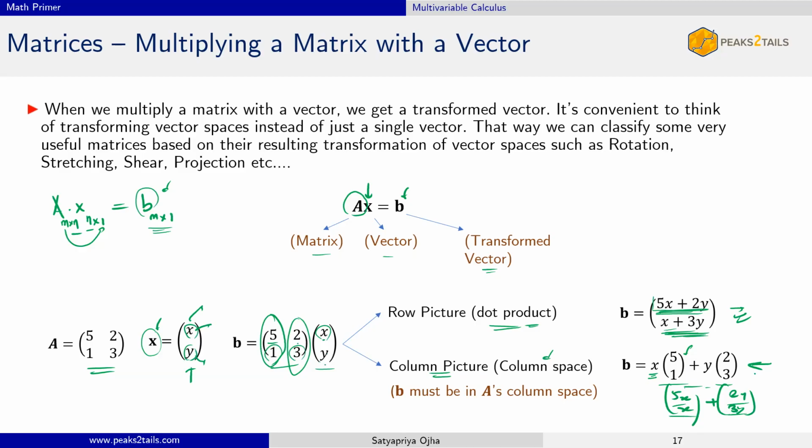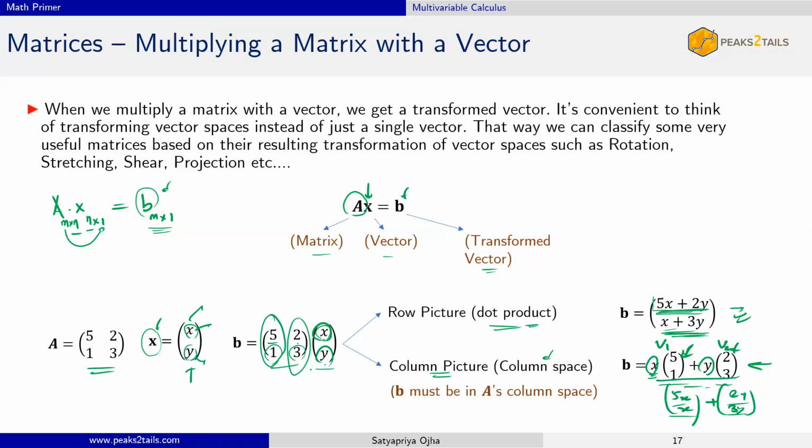You know why? Because this is a linear combination of two vectors. This is v1, this is v2. x and y are scalars, correct? So x times v1 plus y times v2.